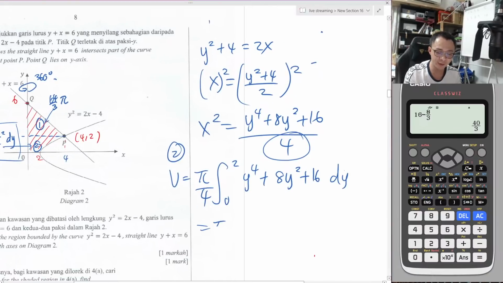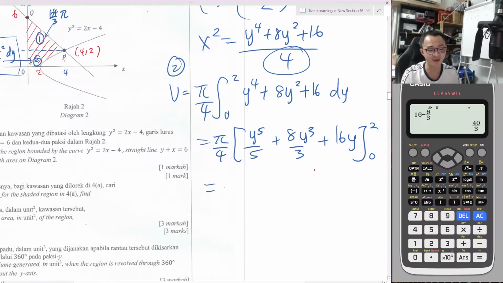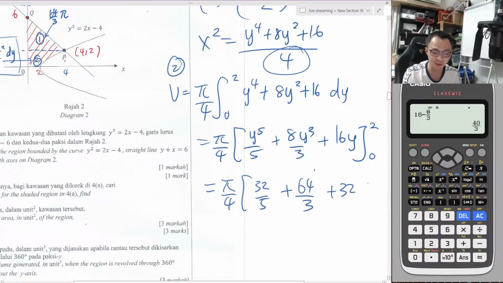Okay, so let's do it. So this is y power 5 over 5 plus 8y cubed over 3 plus 16y, from 0 to 2. So I will sub the 2 into it, and then I will sub the 0 into it as well. So this one should be 32 over 5, plus 64 over 3, plus 32, minus 0.